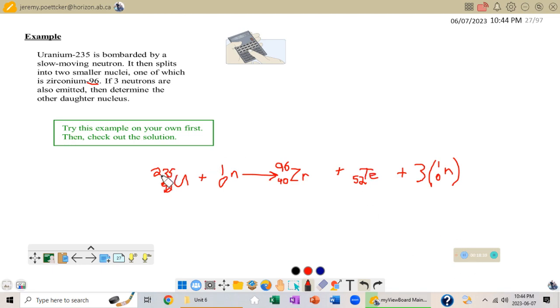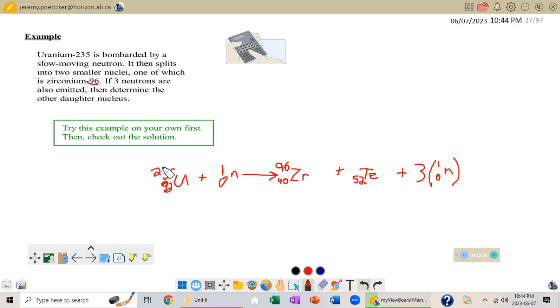In terms of conservation of charge, I've got this figured out: 92 on the left and 92 on the right. However, I have 236 on the left for nucleons, and 96 plus 3 more, which is 99, on the right. So I need more, which I'm going to get from my isotope of tellurium, but I need to figure out which one it is.